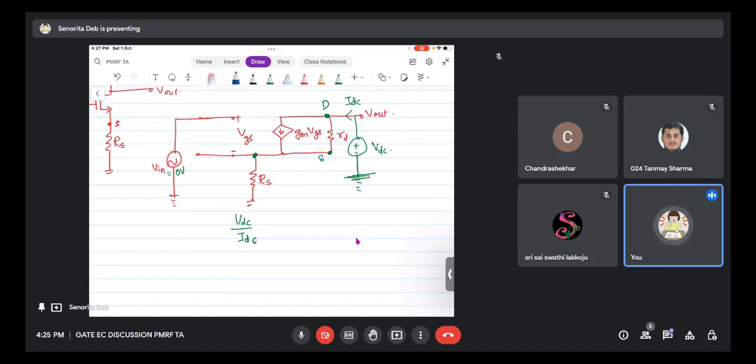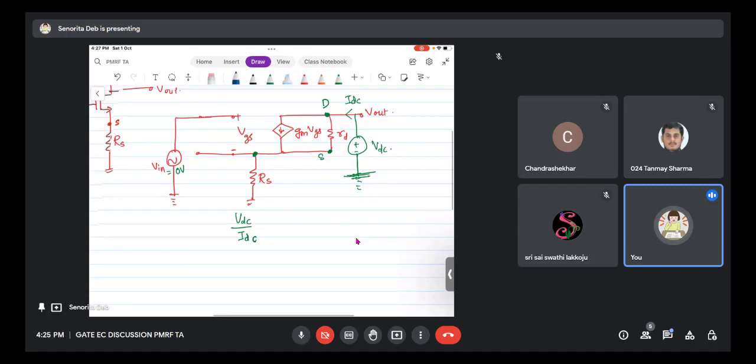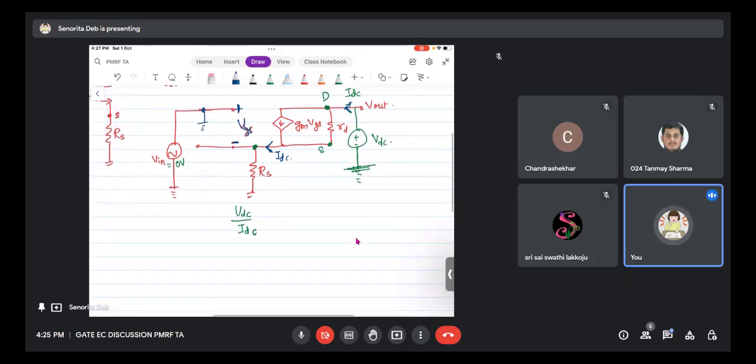So you see this is 0 volt, that means this node is ground. From ground to this node, VGS exists, and the current entering is IDC, therefore this current is also IDC here. We will have two KCLs.